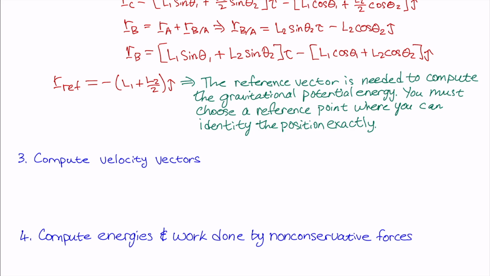So we have r_C up top here, and we can compute its derivative. Remember that theta 1 and theta 2 are both functions of time, and since they're inside another function, we have to apply the chain rule.